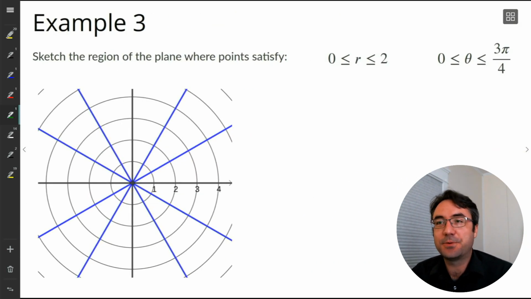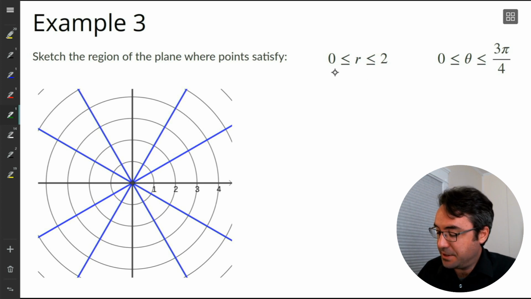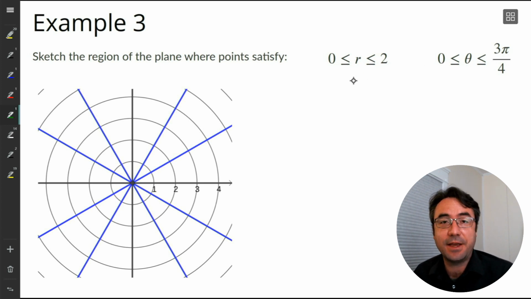So we're going to sketch the region of the plane where the points satisfy these 2 conditions for r and theta, so that the r values are between 0 and 2, and the theta values are between 0 and 3 pi over 4. And so what we want to do is think about the endpoints here. What happens when r is 0? What happens when r is equal to 2? What happens when theta is equal to 0? What happens when theta is equal to 3 pi over 4?